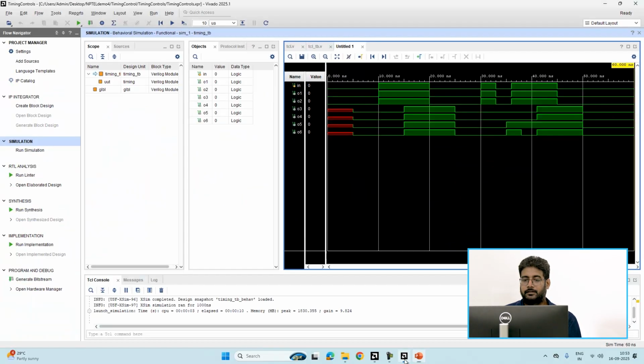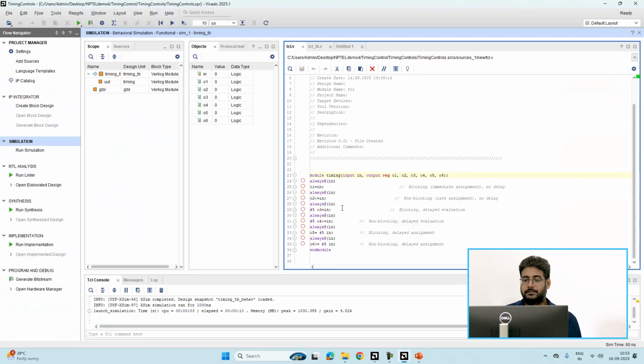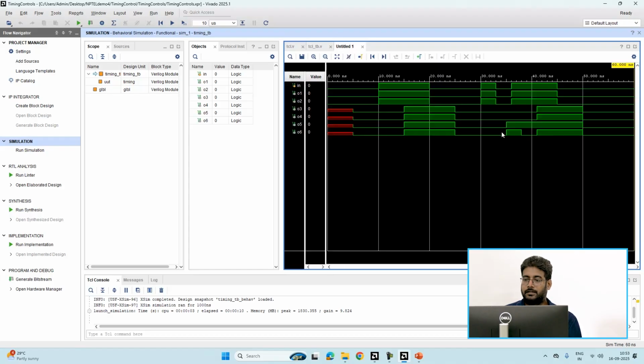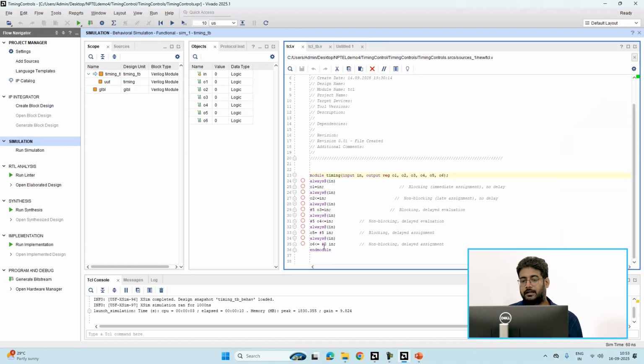Then the final case, it is this o6. It's a non-blocking delayed assignment. And how it looks, here it is o6. It got evaluated, it is not assigned yet. So everything got evaluated, meaning the glitch, this high and the low, both are evaluated. They are not assigned, but are evaluated. And after #5 it will be assigned.